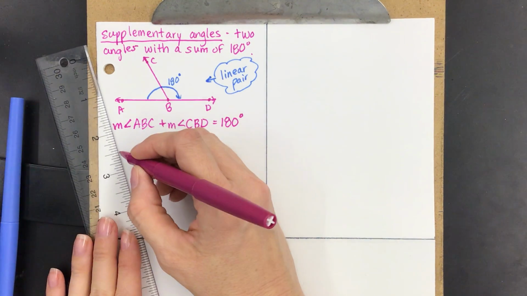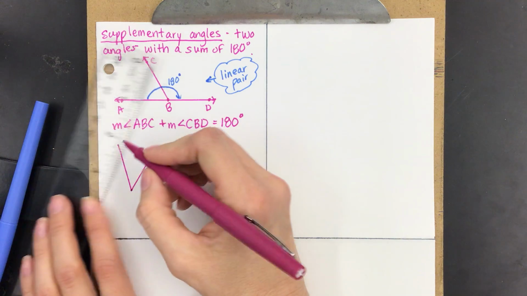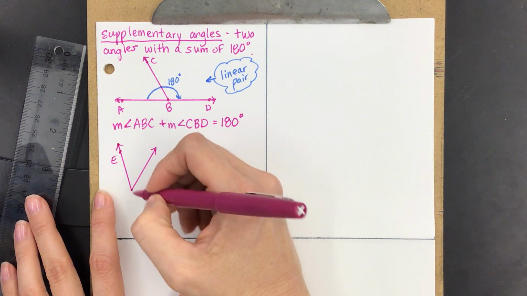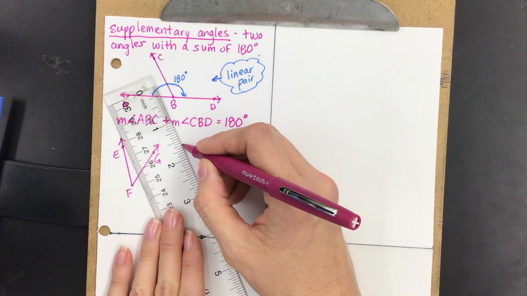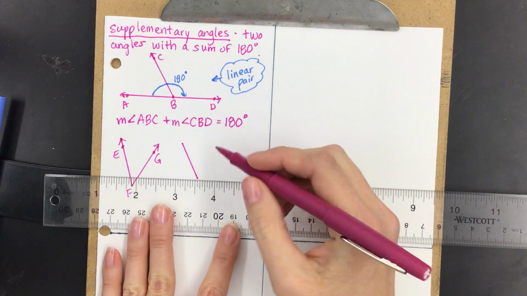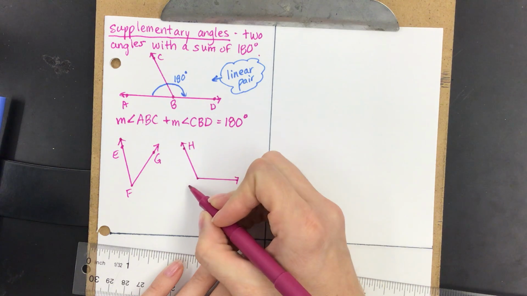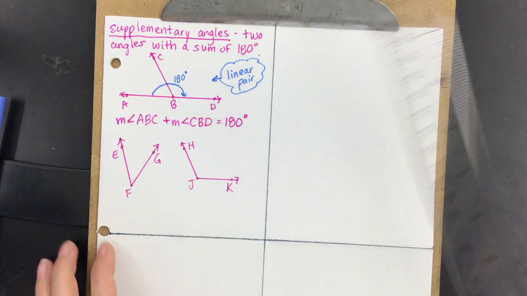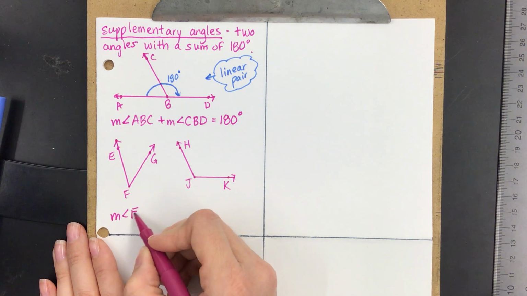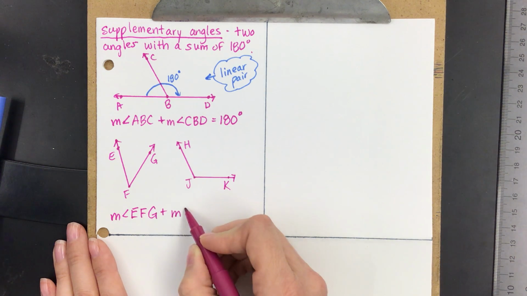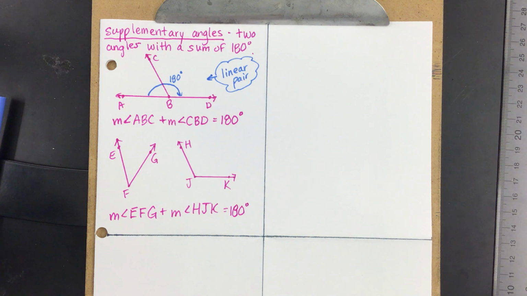So, for example, you have E, F, G, and then maybe you have another angle, that is H, J, K. So we can say that the measure of angle EFG plus the measure of angle HJK is equal to 180 degrees. So that's another example of supplementary angles.